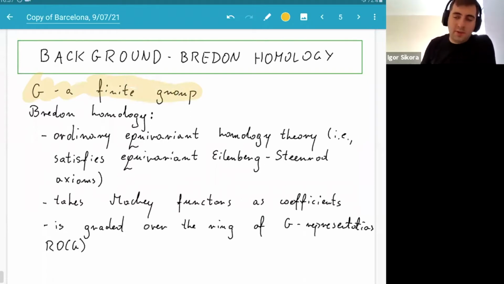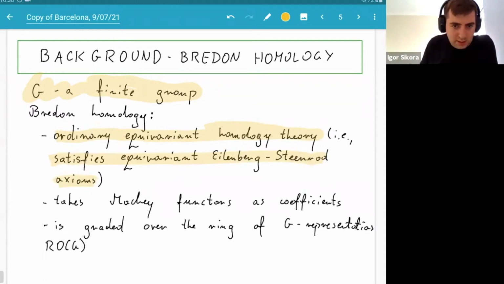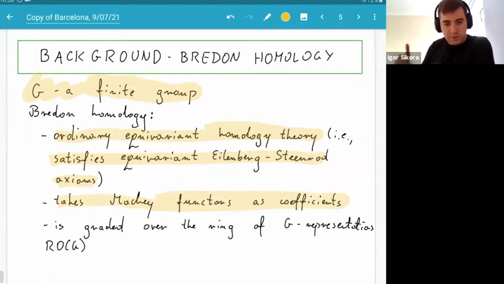Bredon homology is, first of all, an ordinary equivariant homology theory, which means that it satisfies equivariant versions of the Eilenberg-Steenrod axioms, together with the dimension axiom. Also, it takes Mackey functors as coefficients, and it is graded over the ring of G-representations RO(G).